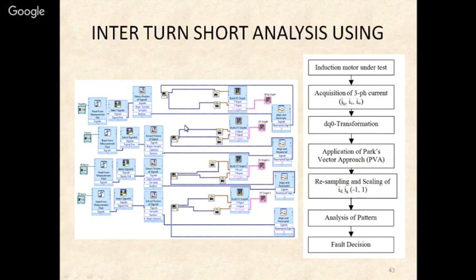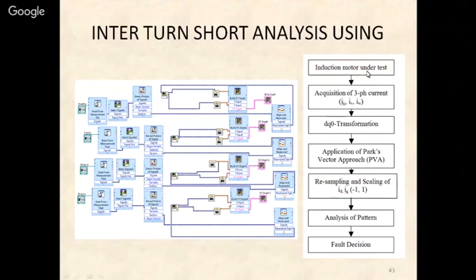This is another example. Here we have done the interturn short circuit analysis, that is, the interturn fault in the motor, by using a simple virtual instrumentation based program. This is the flow chart for this.